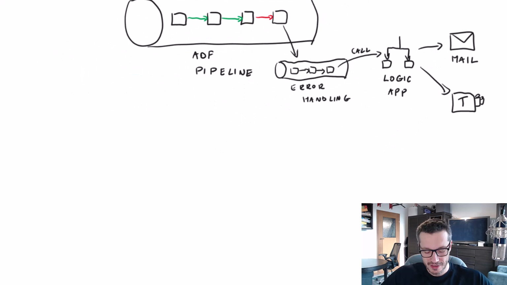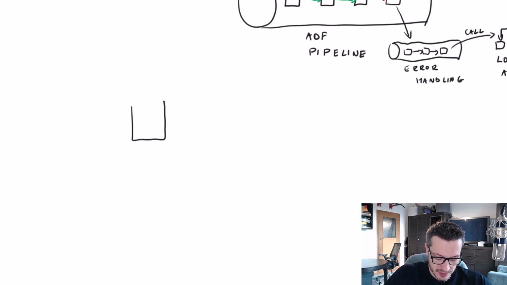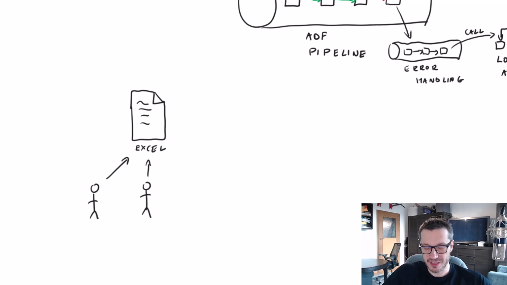Alright, but why SharePoint? Well, again, this is a very common use case that business users would have some Excel file that they would be working on, that they would be updating quite often. So we've got multiple users who want to collaborate on the same file, and somehow they have to have such possibility.